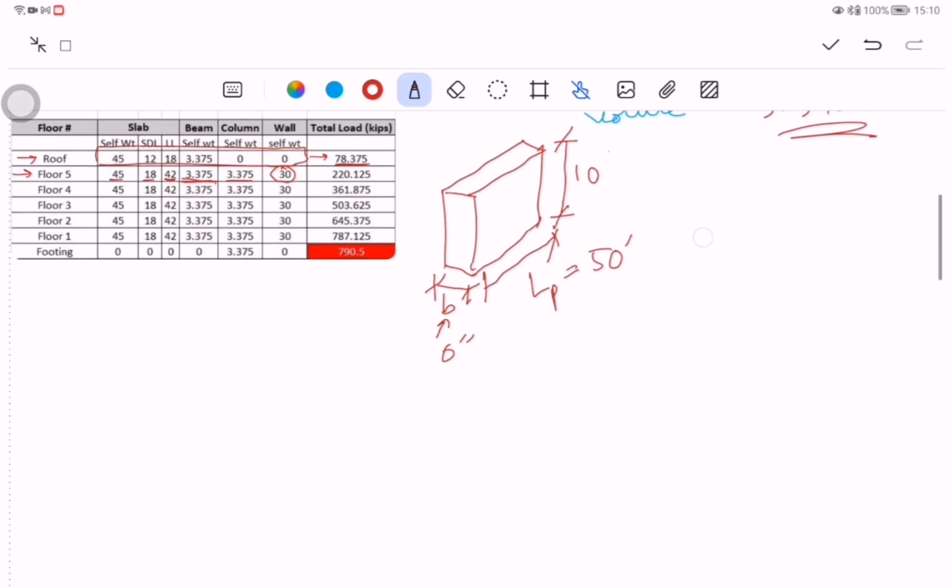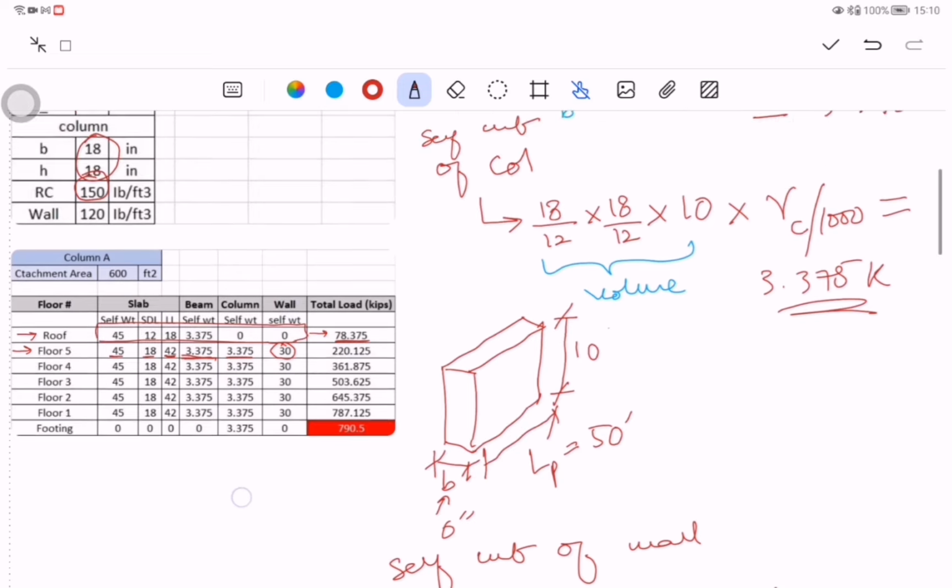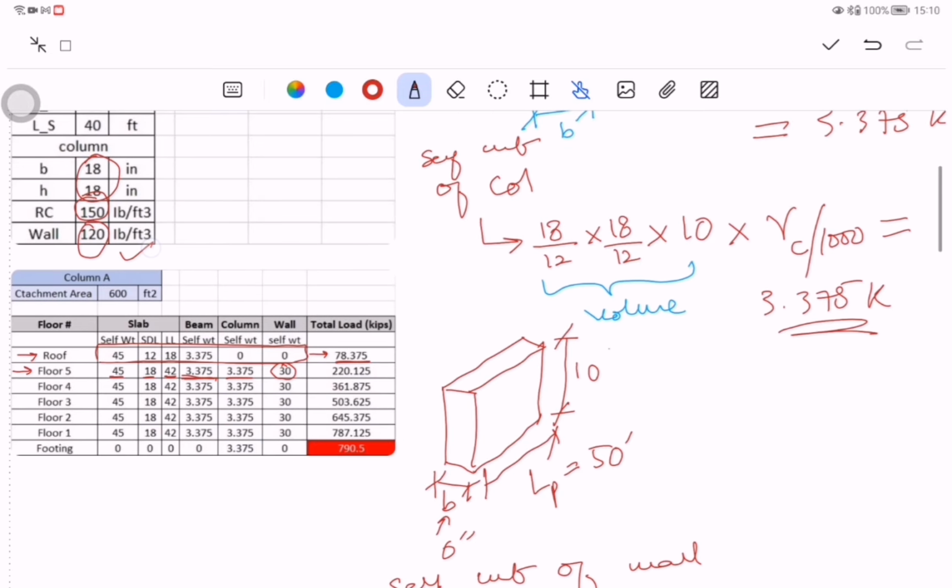So the self weight of the wall will be 6 divided by 12 multiplied by 50 multiplied by 10 multiplied by the density of the wall, right? The density of the wall is given over here.